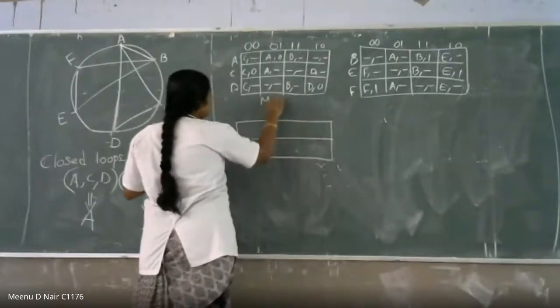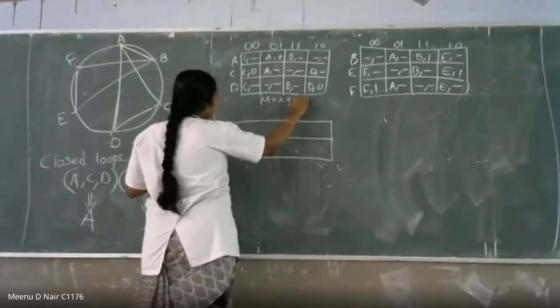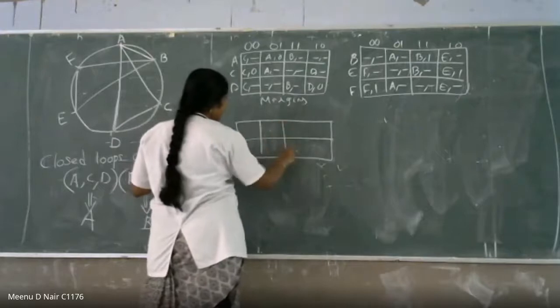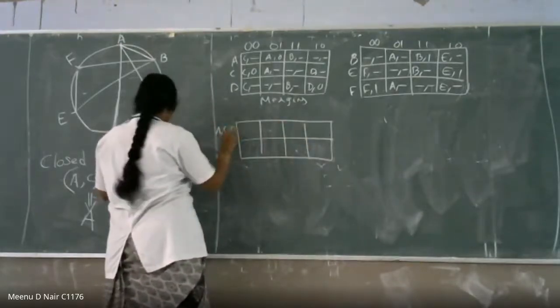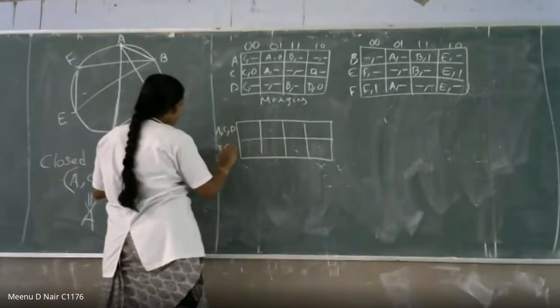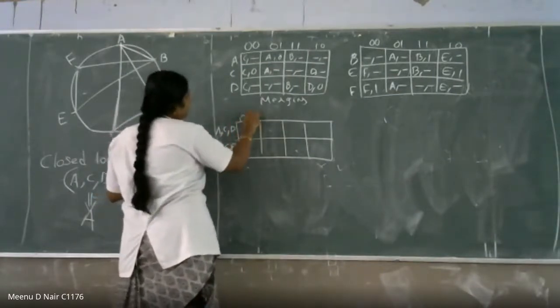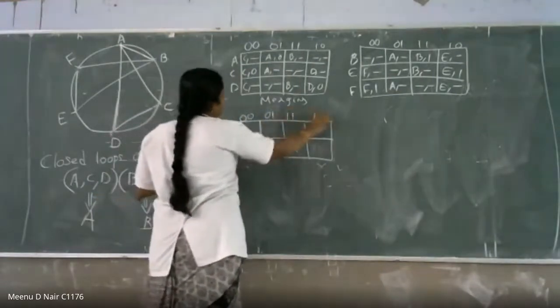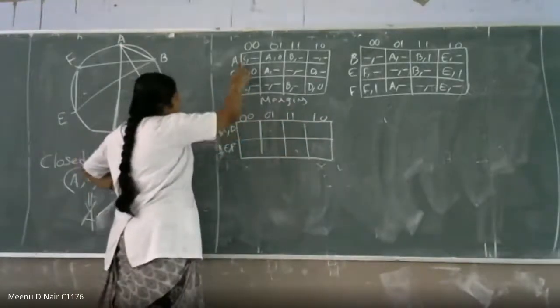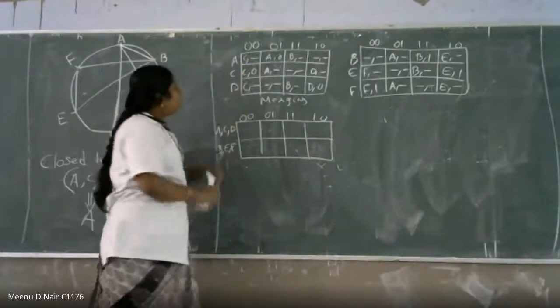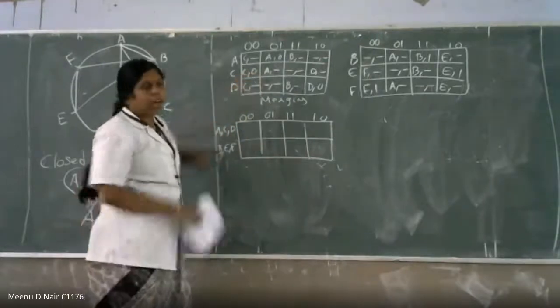This is state merging. This is A, comma, C, comma, D, then B, comma, E, comma, F. This is 0, 0, 0, 1, 1, 1, 1, 0. Because everywhere this is C only, right? C and one output is there. So that output you have to take.